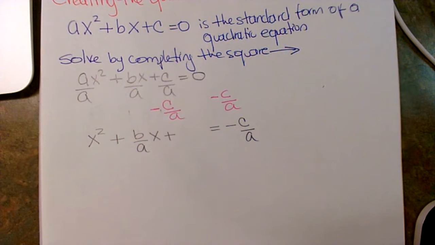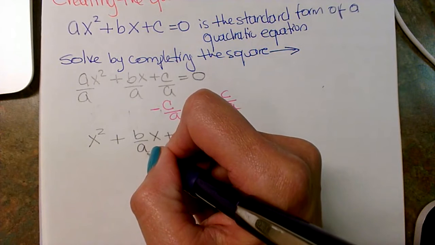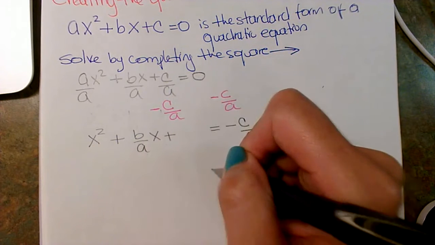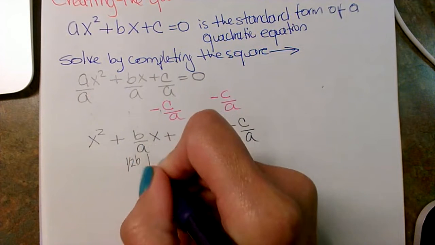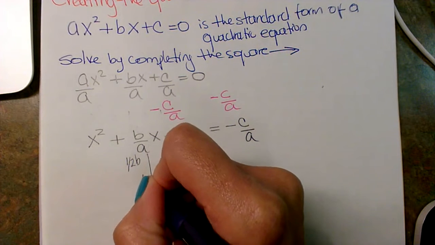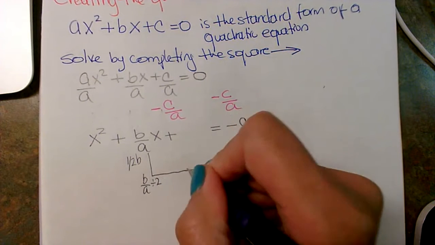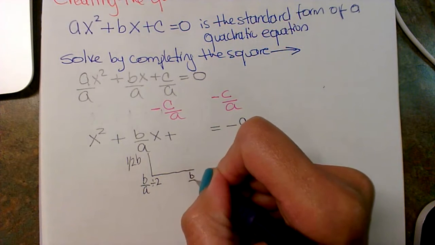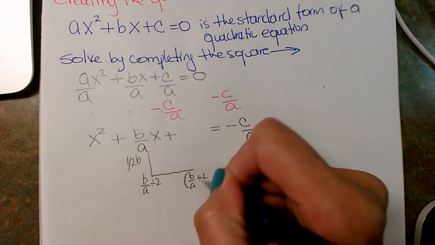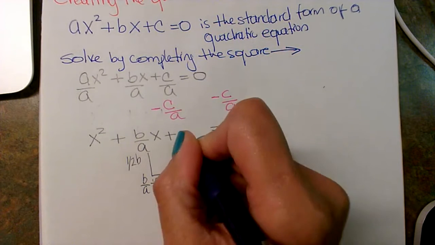Now I'm ready to complete the square. So it's going to be half of this one, remember? And then squared. It's going to be 1/2 of b over a, divided by 2. And right here is going to be that square. That's the number that is going to go here.